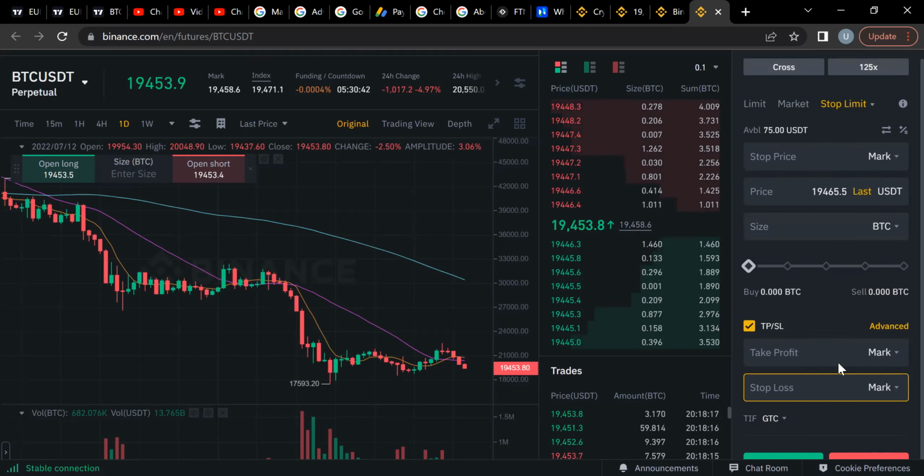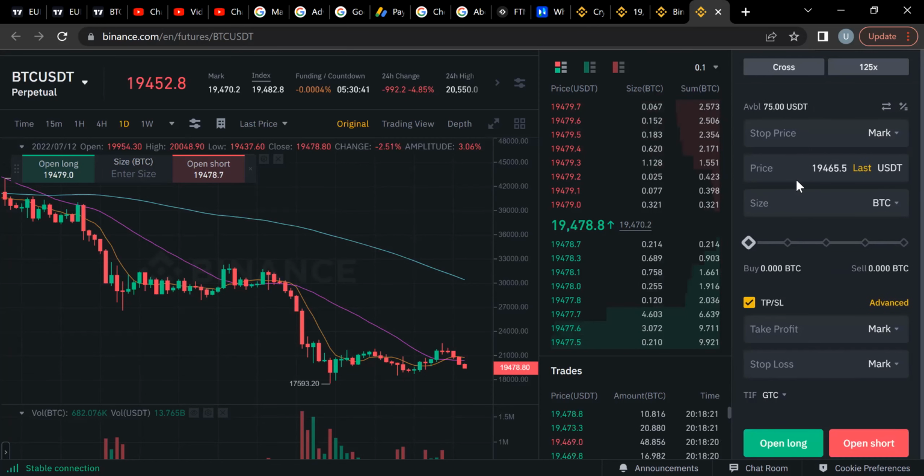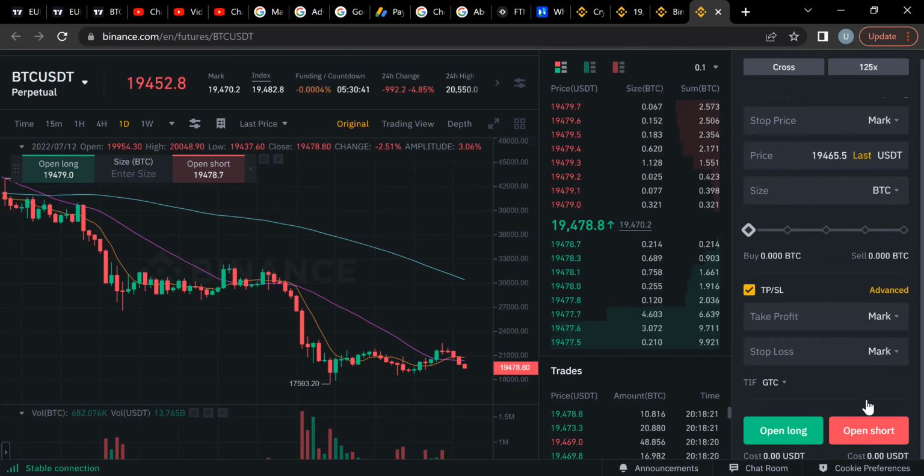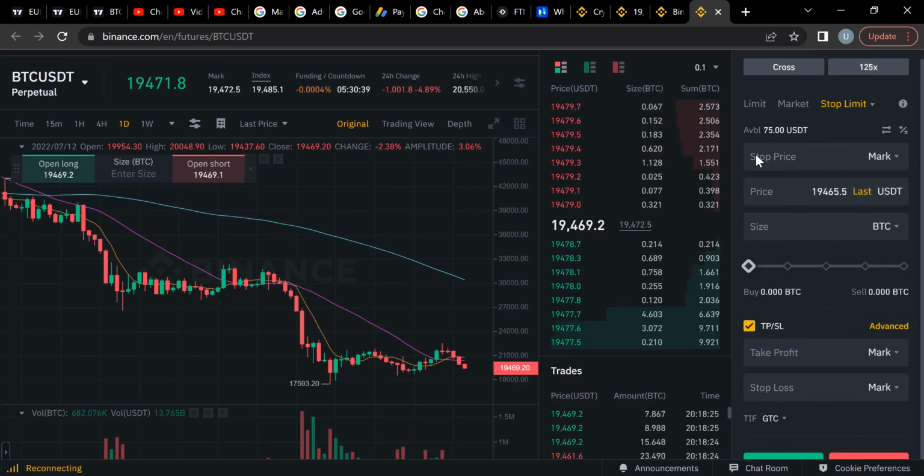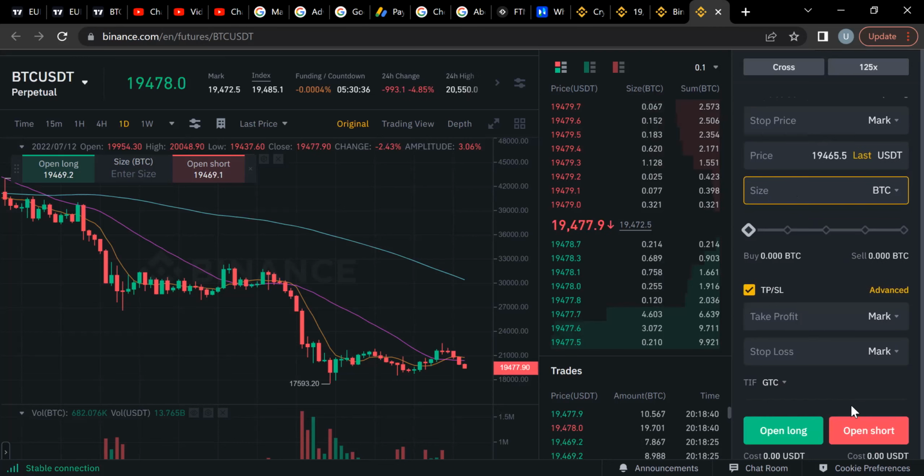And if you are going the other way around for short, that means you want to short at a price lower than the current price. So just put the stop price where you want the order to be set, put the price that you want it to be set at, then put the position size, and press short. So that will be all. We are done for this part.